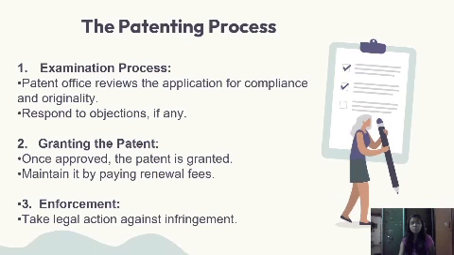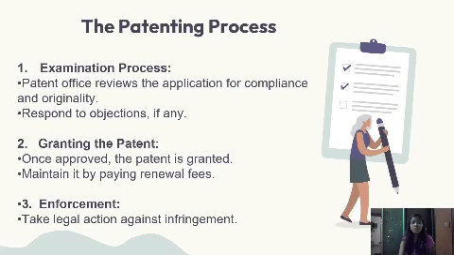So the patenting process, after you have applied for the patent application, here are the processes that will take place for your patent, whether it should be given to you or not. This question will be answered using these steps, wherein an examination process is going to be conducted. The patent office will review the application for compliance and originality.